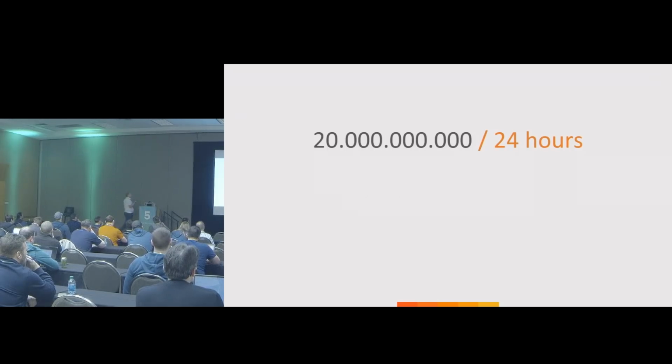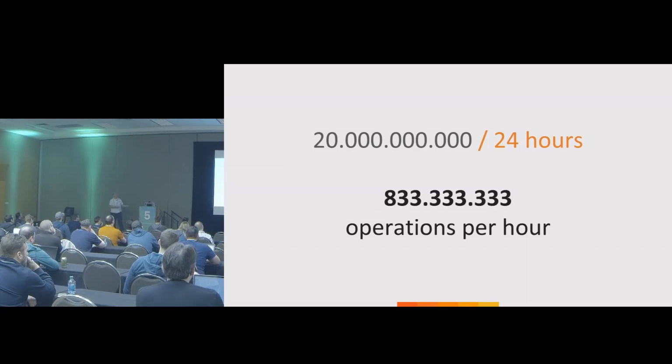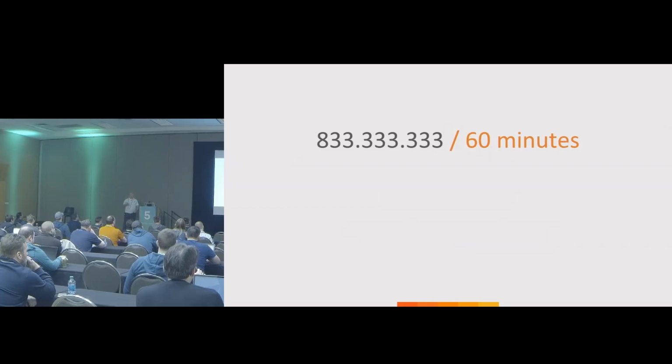So we're talking about 20 billion operations. Let's assume that this is uniformly distributed, which usually it is not, but let's assume it for a bit. That's around 800 million per hour, more or less, give or take. But you know where this is going, so we are going to try to narrow this down as much as possible.